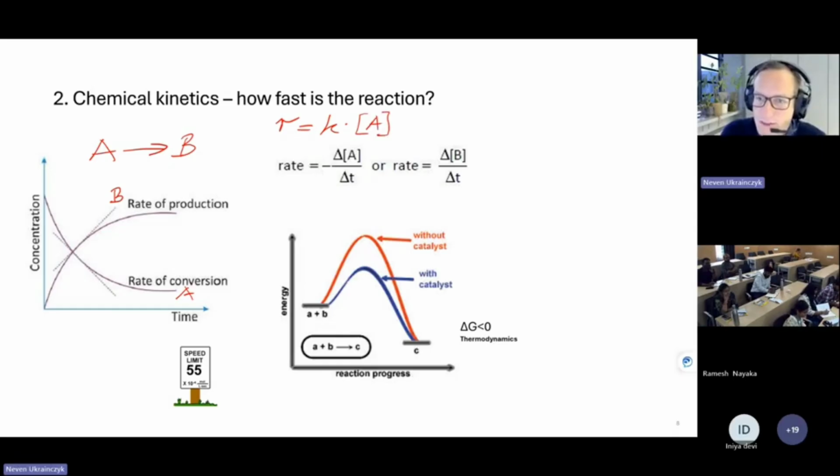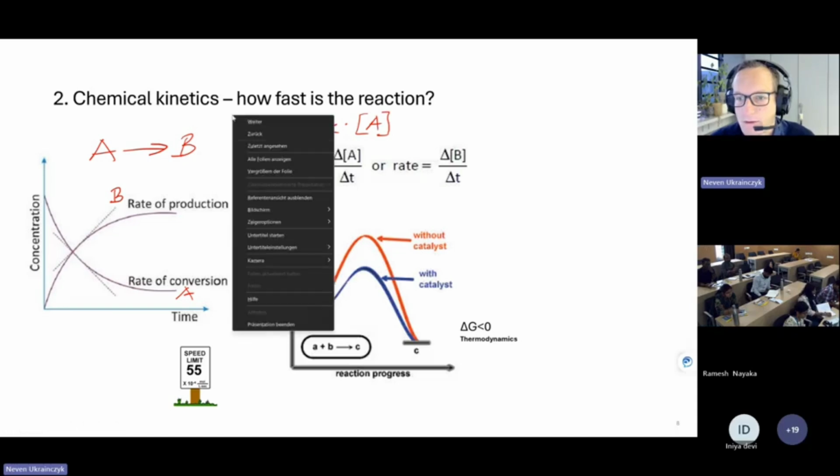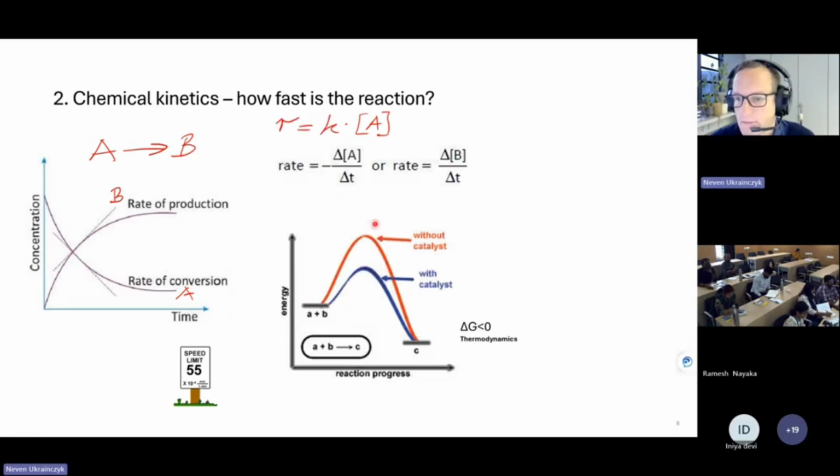This we know from the virus spread during COVID. The higher the concentration of infected people, the higher the spread of the virus. So it's the same principle. Using this kind of kinetics law, you could calculate the spread of a virus.